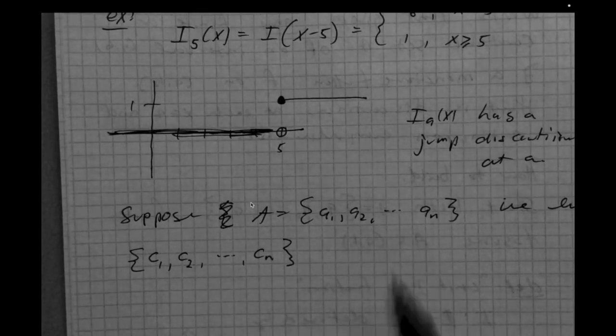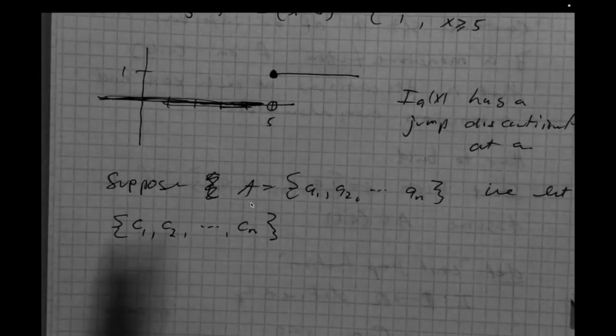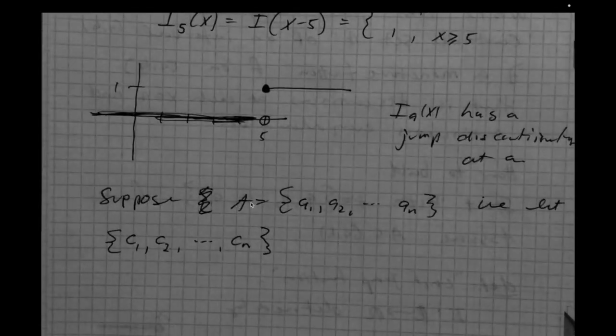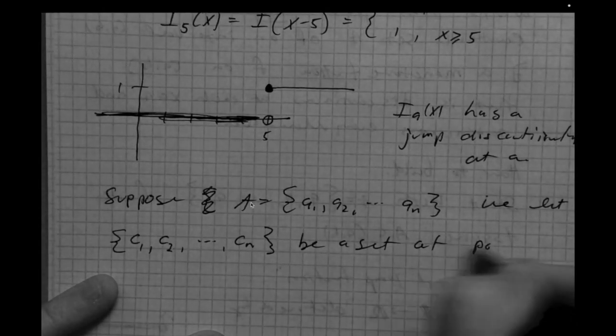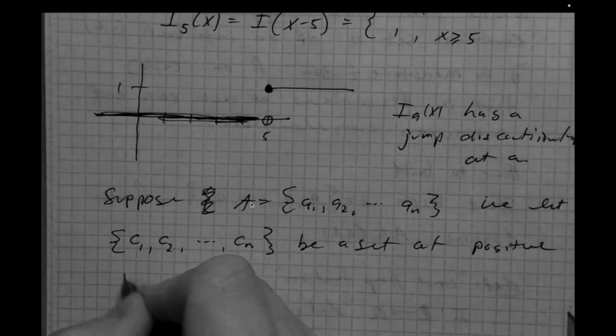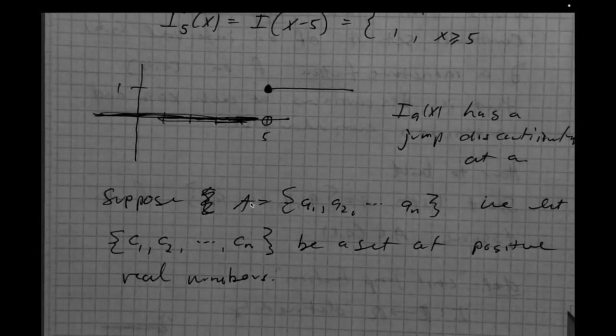They just have to be n of them. Given you've got all these points where you want the discontinuities, you're going to have some kind of a constant value, and they can all be 1s if you want, but they have to be positive. So this is a set of positive real numbers, non-zero and not negative, positive. And so here's how we define our function.